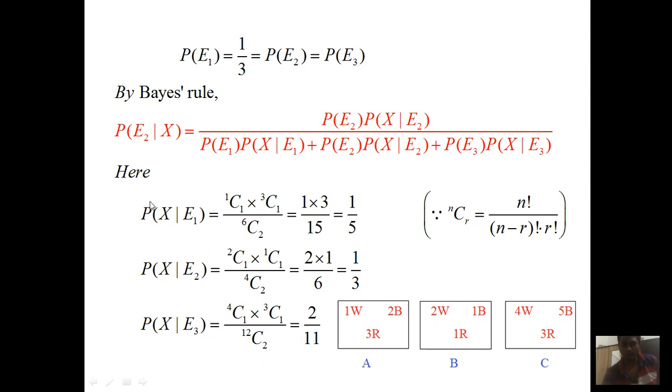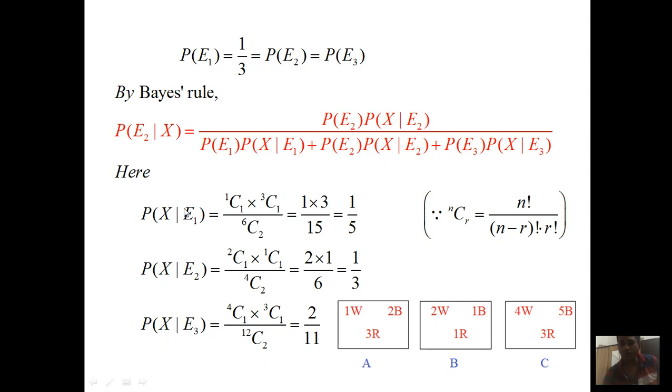So these are the conditional probabilities. Now this shows the probability of happening of event X when event E1 is already finished. Remember what is event E1?